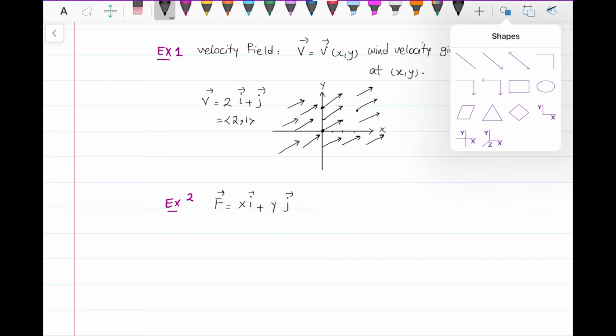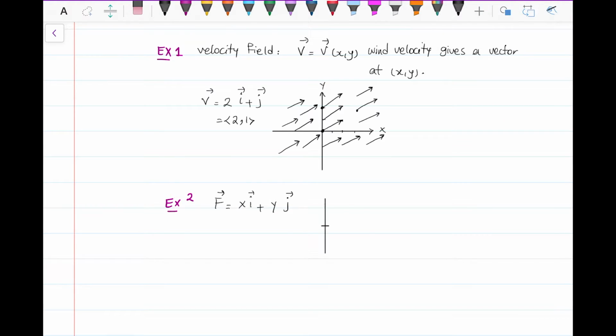Let me try to graph this vector field. This is also a vector field in R2. And if I want to graph it, I need to plug in the points into that vector field. This is the x coordinate, and this is the y coordinate. If I plug in the point (0, 0), the x coordinate would be 0, the y coordinate would be 0, so I get the vector (0, 0), nothing.